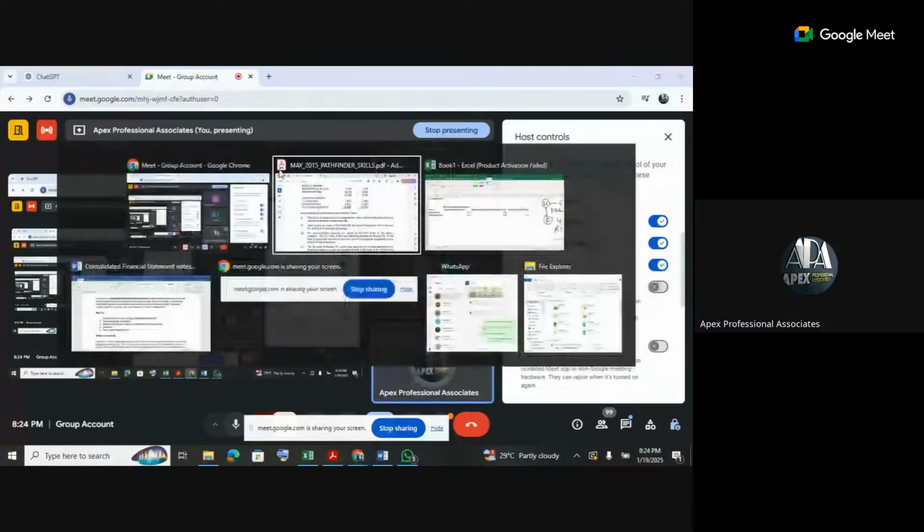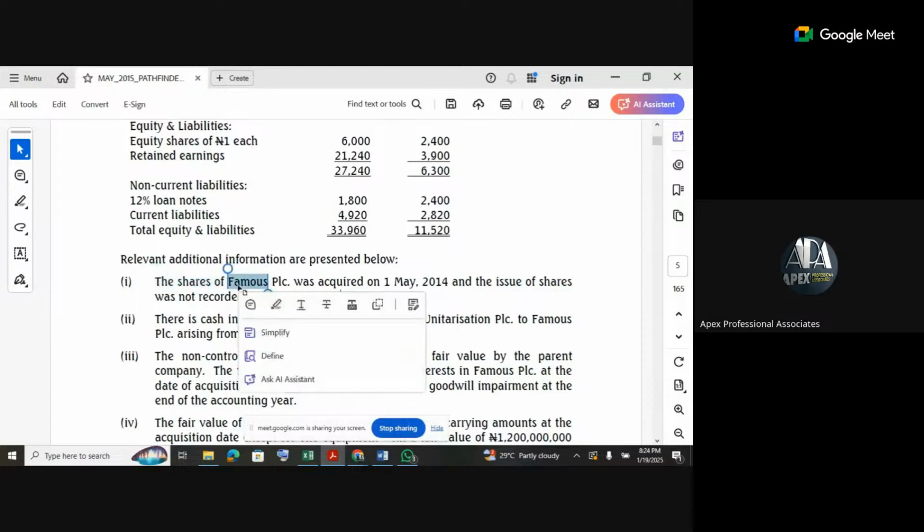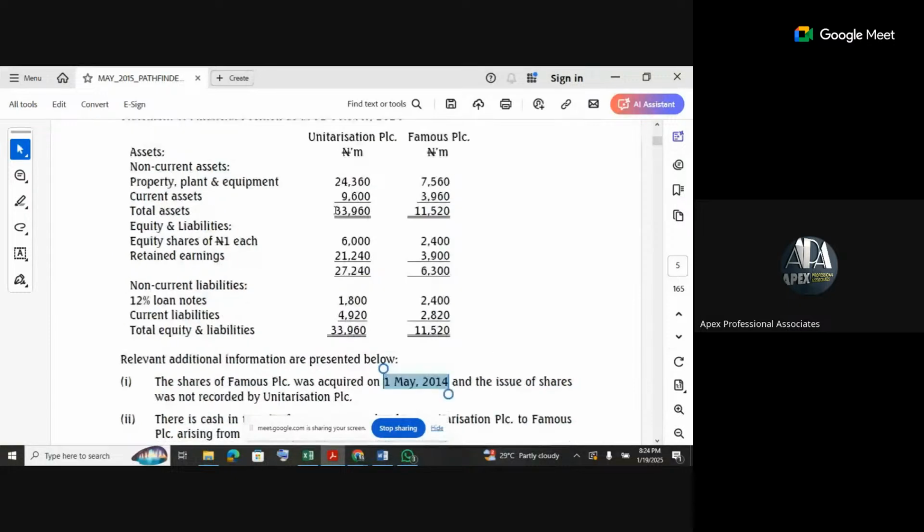All right, so I want to explain something. Now, look at this. They said that the shares of Famous, a subsidiary, were acquired on 1st May 2014. Before Unitarization PLC bought Famous, Famous had been in business.